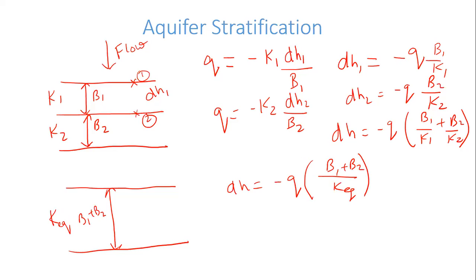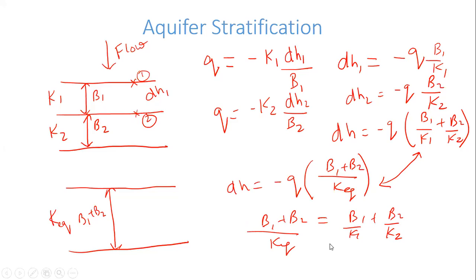If instead of having these separate layers I have an equivalent layer, then this is what I would get, right? So if I equate these two terms, both should be exactly one and the same. So I can write B1 plus B2 divided by K equivalent equal to B1 by K1 plus B2 by K2, right?